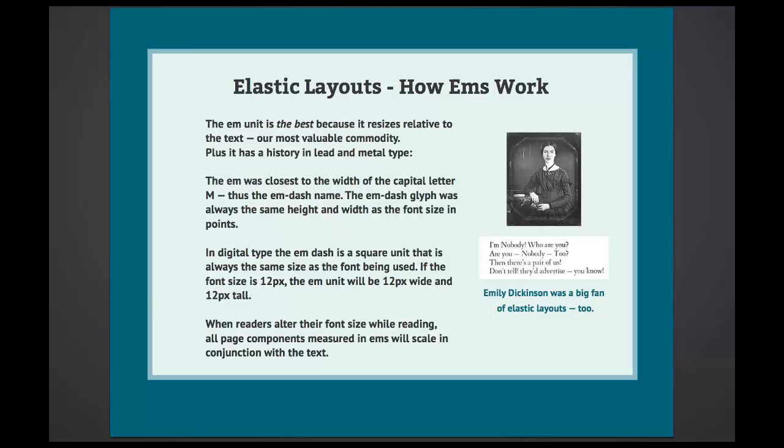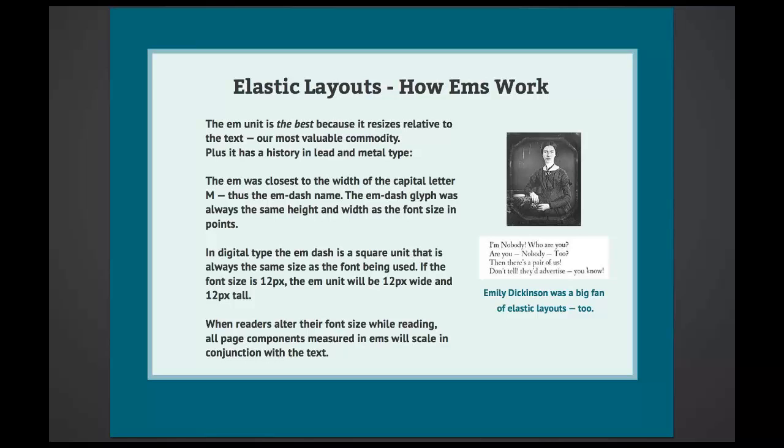But the cool part is that it has a history in metal type. I'm sure you're aware, but the em dash glyph is called an em because it was the same size as a capital letter M, but it also was the same height and width as the font size in points in metal type. That continues in digital type.